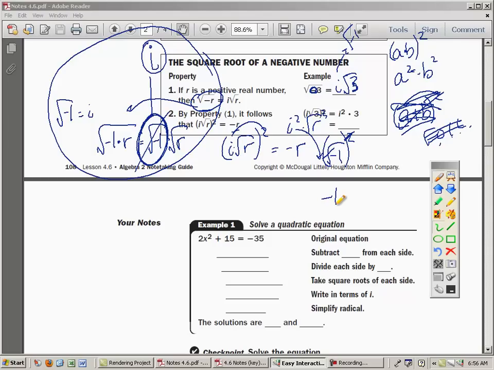Then in addition to that, you also have the square root of r squared, and like we said before, squaring and square root undo each other, and so this is negative 1 times r, or simply negative r. And so in this case over here, you have i radical 3, squared. The i squared becomes i squared, radical 3 squared becomes 3, and as we said before, i squared is negative 1, so this is simply negative 3.